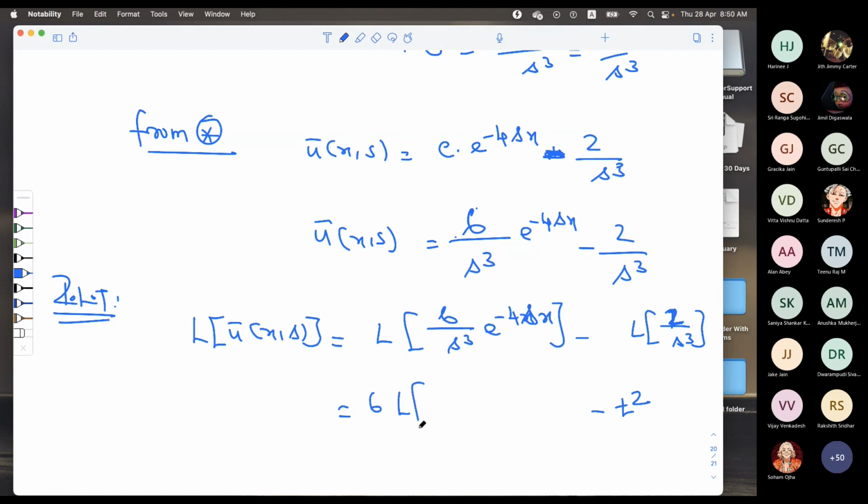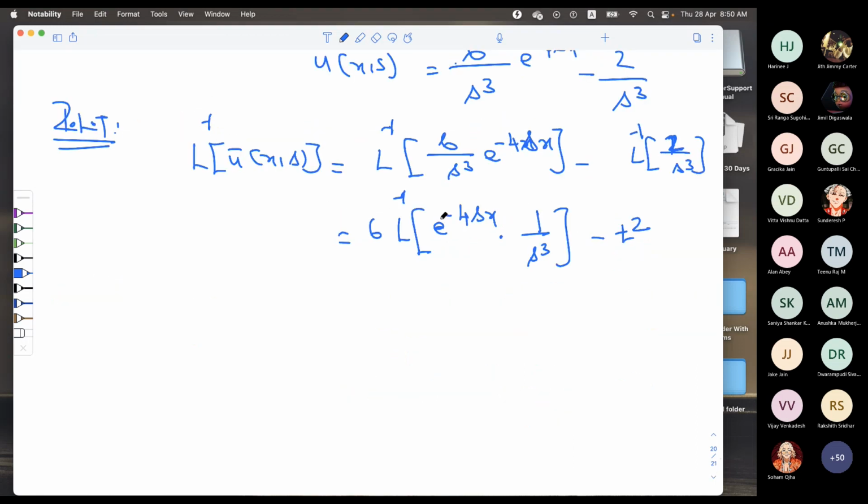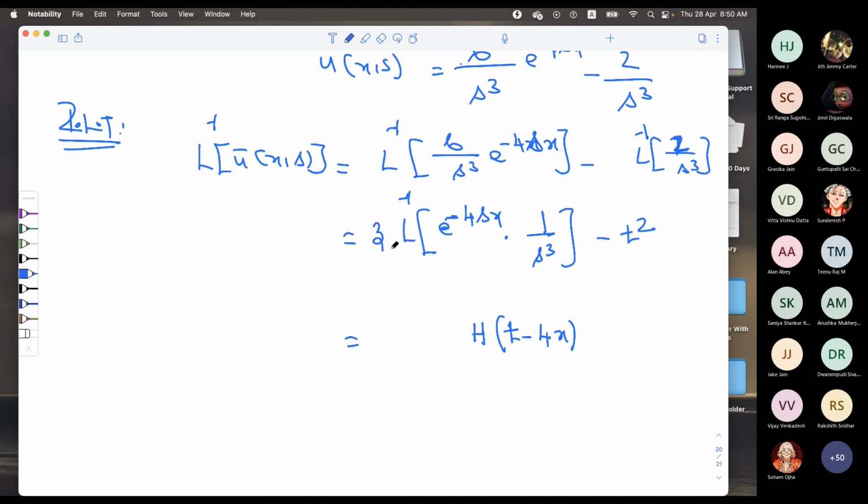The 6 I am taking out. Actually it is the inverse Laplace transform. Last class we discussed that the L inverse of exponential functions multiplied with some function means the shifted function will be denoted by the Heaviside function H of t minus 4x. The remaining L inverse of 1 divided by s cube: I may take 6 as 3 into 2.